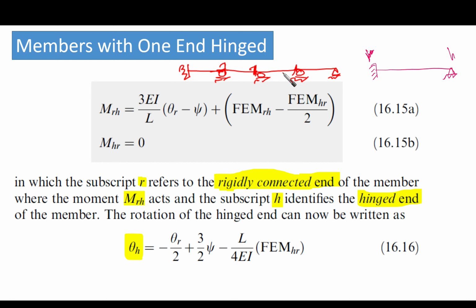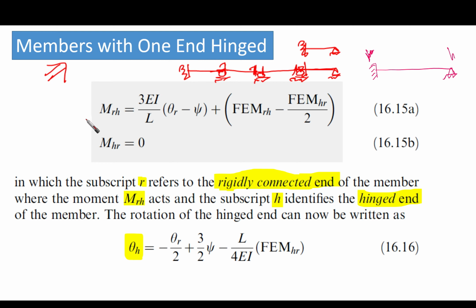Between this point and this point, they are also fixed. But at the end here, this one is fixed, but here it is not fixed. It is hinged. So how can we apply the slope deflection method? For this case, we put it as a special case, members with one end hinged.